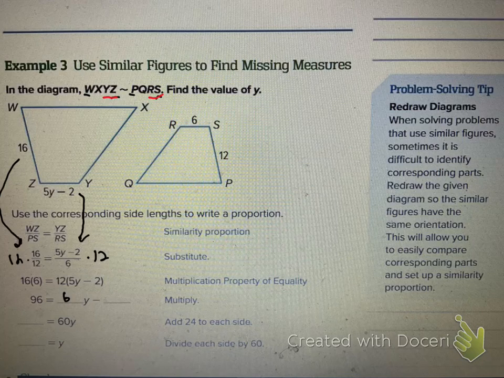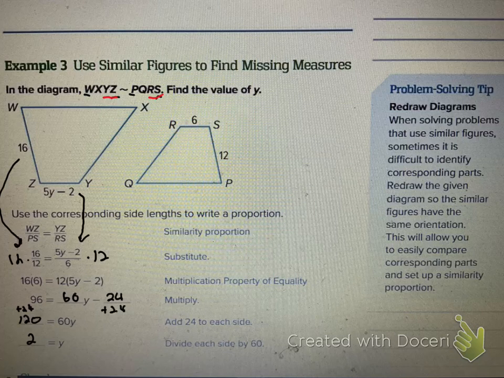So you need to do 16 times 6, which is 96. Then distribute the 12, which gives you 60Y minus 24. Then from there, we'll add 24 to the left side, which gives you 120 equals 60Y. Divide by 60, which gives you Y equals 2.